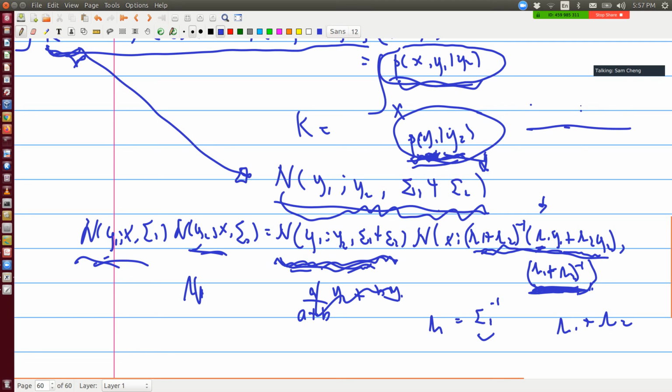For example, in the 1D case, say the ground truth is 100. Maybe one observation is 80 and another observation is 120. They are quite a bit far away, so I would not be quite certain whether they are correct or not. But if one observation is 95 and the other is 105, these two observations look more reliable.